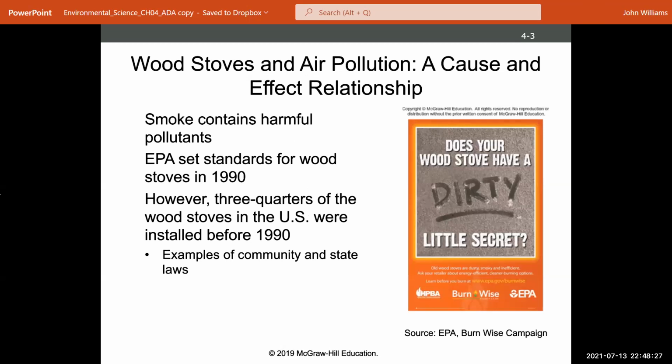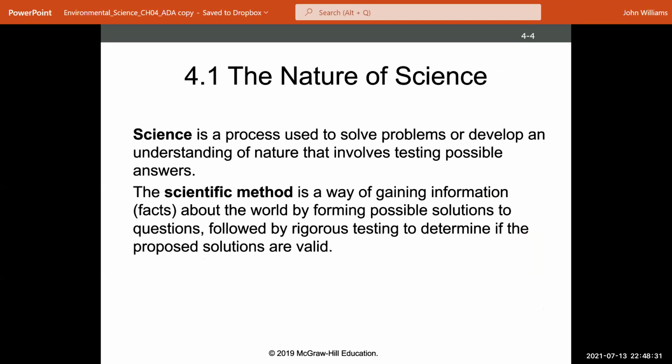And now we can generate cause and effect relationships through the scientific method. Okay? We can figure out what is leading to an observation that we've seen or made in the natural system or the natural world.